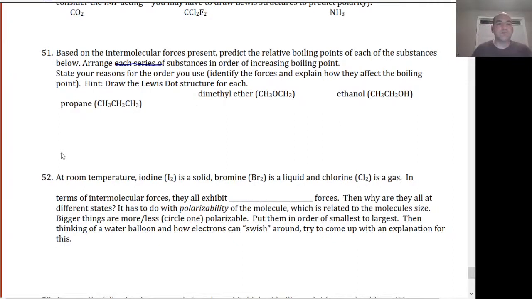All right, so let's look at our structures here. We've got propane. We drew that one before. Okay. We've got dimethyl ether over here.